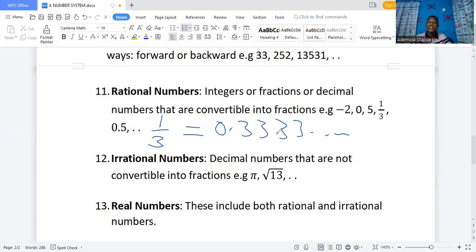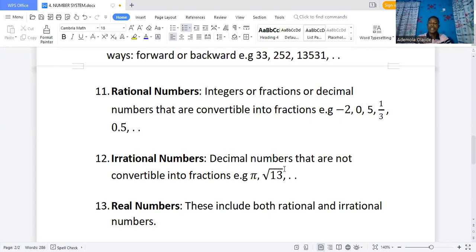Because this recurrence is predictable, it makes it possible for us to convert it into a fraction. There's a way we convert a recurring decimal back into a single fraction. But if any decimal does not take any predictable pattern, then it may be difficult or impossible to convert. So like the case of those ones, we call them irrational numbers.